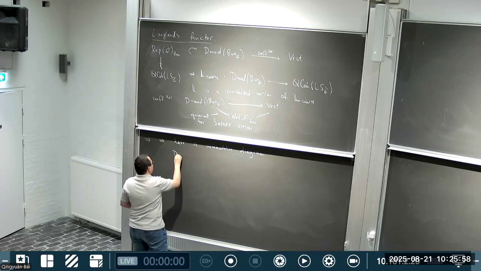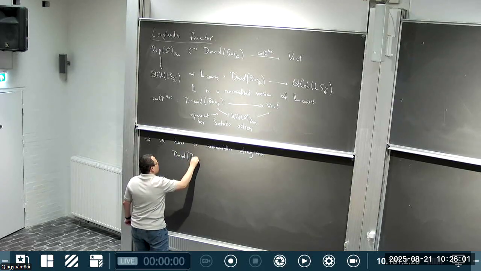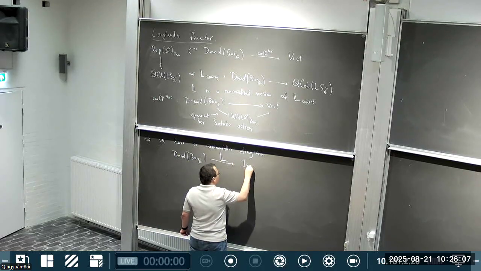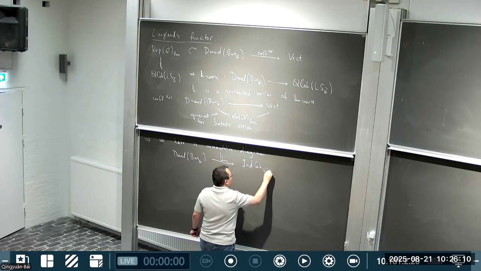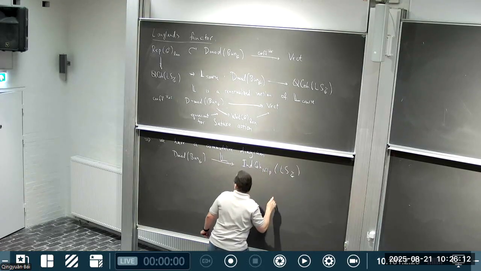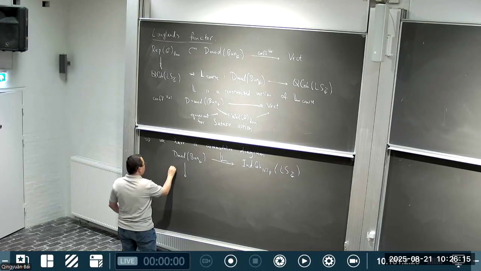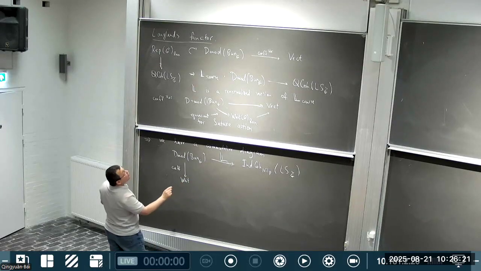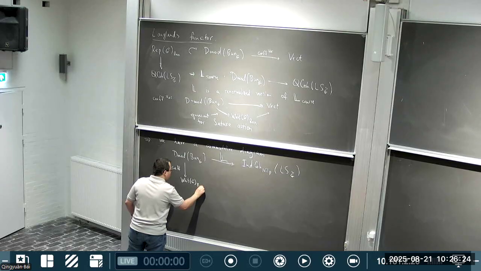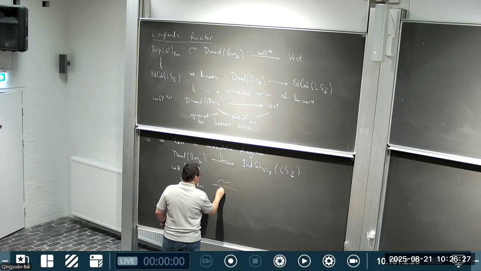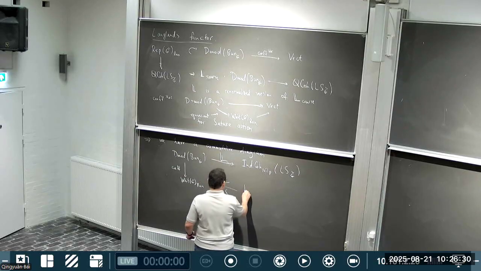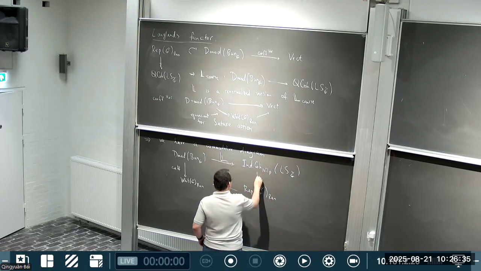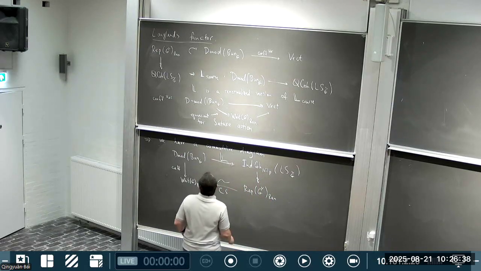Which is: here the Langlands functor, here the coefficient functor, here we have the geometric exponential, and here we have this spectral localization functor.